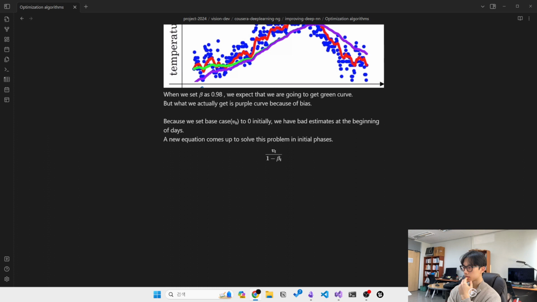You notice that as t becomes large, beta to the t will approach 0, which is why when t is large enough, the bias correction makes almost no difference. This is why when t is large, the purple line and the green line pretty much overlap.